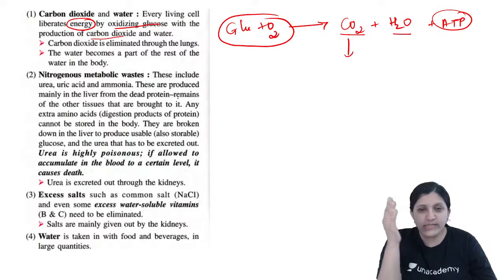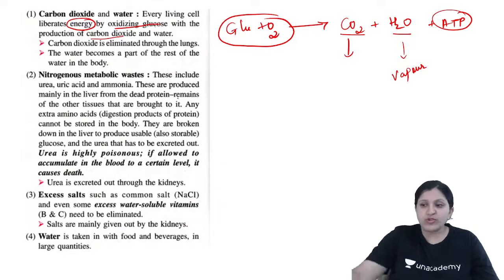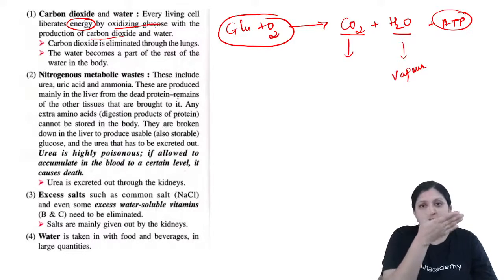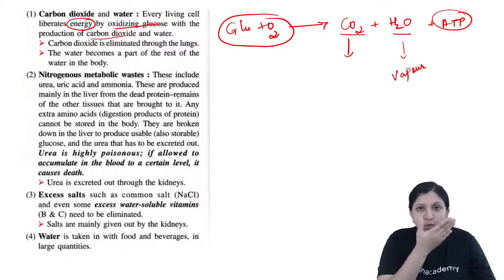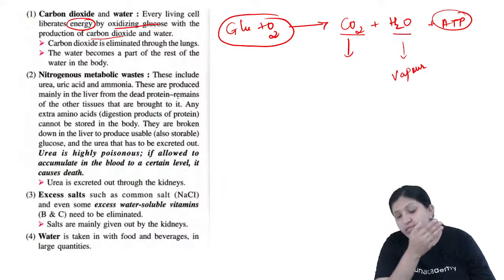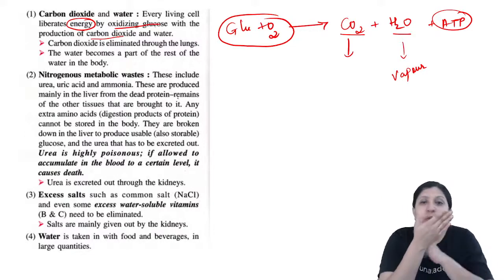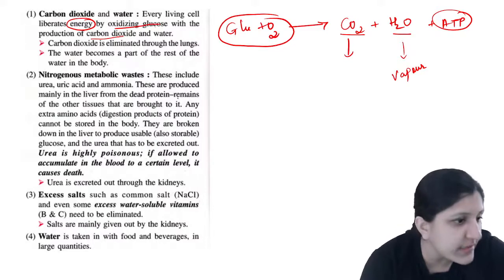The carbon dioxide is going out as gas, and the water can go out in the form of vapor. If you hold your hand to your nose or mouth, you can feel the water vapor being lost. Yes, understanding this?